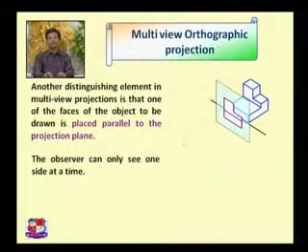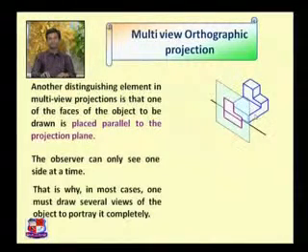We assume that the observer is able to visualize one side only. So whenever we draw the front view, we forget about these other faces. That is why in most cases one must draw several views of the object to portray it completely. To portray the object completely, a multi-view drawing is needed.